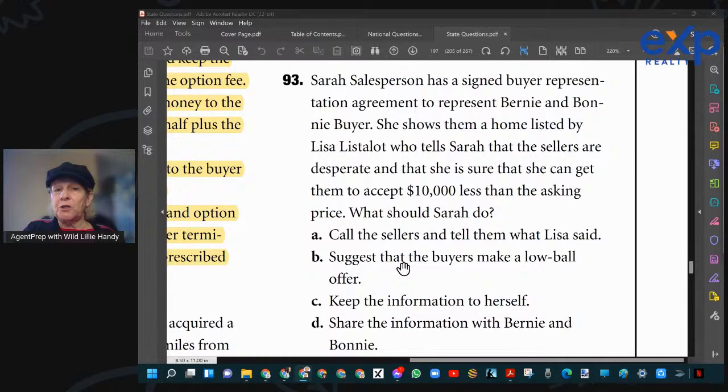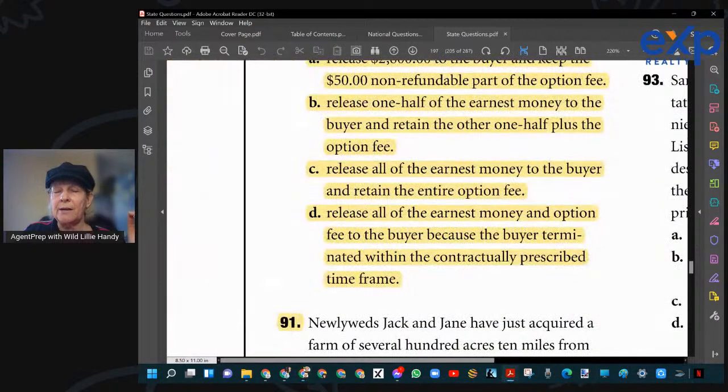Sarah, salesperson, okay, sales agent, has a signed buyer representation agreement. I just mentioned that, Sandy. It is 100 acres per individual. A single person, it's 100 acres. A married couple is 200 acres.